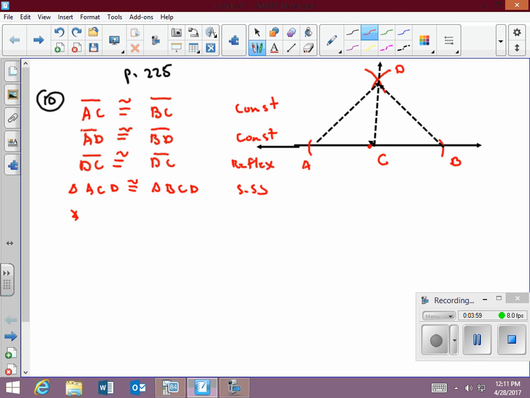Then angle ACD is congruent to angle BCD. That'd be corresponding parts. And perpendicular. So when you're just showing it, I don't know that you have to say that the angles are 90 degrees.